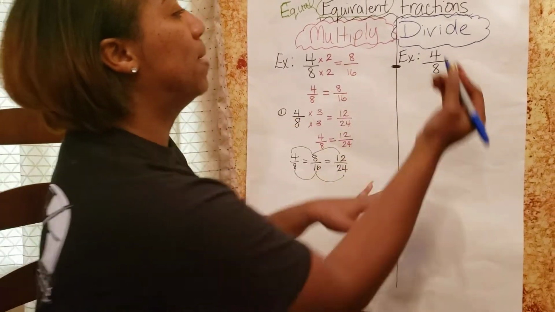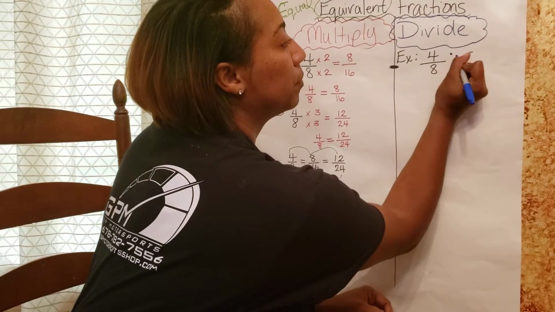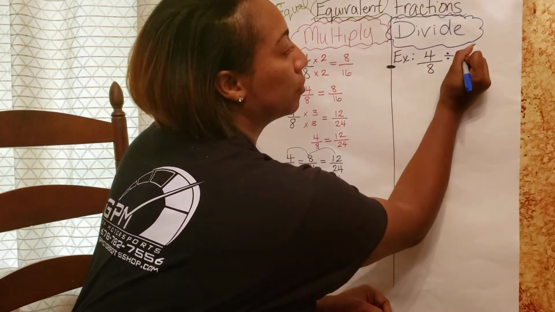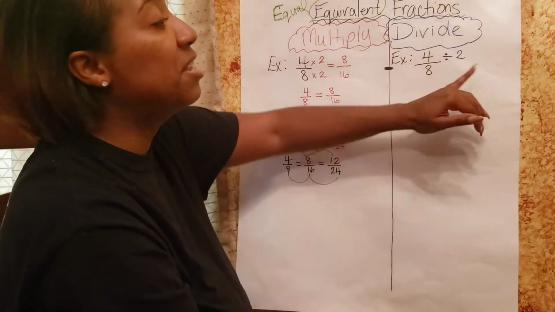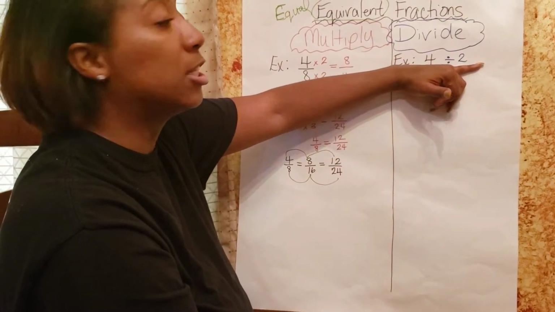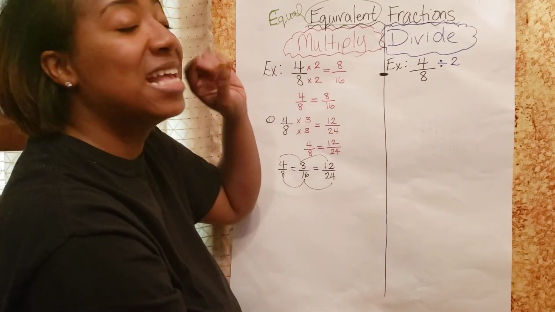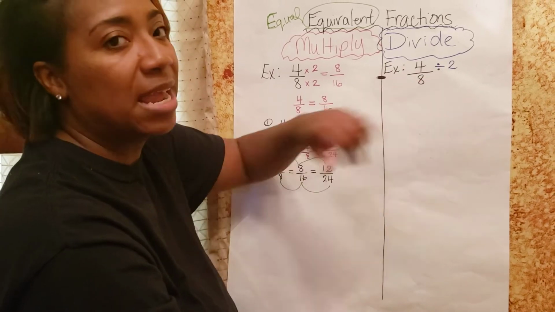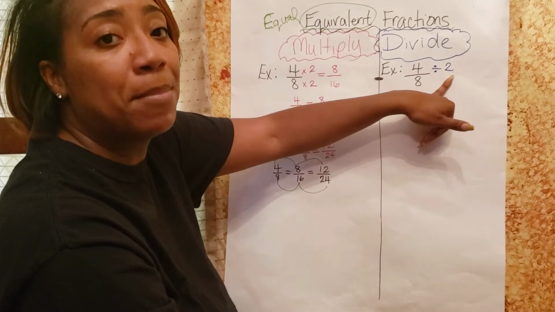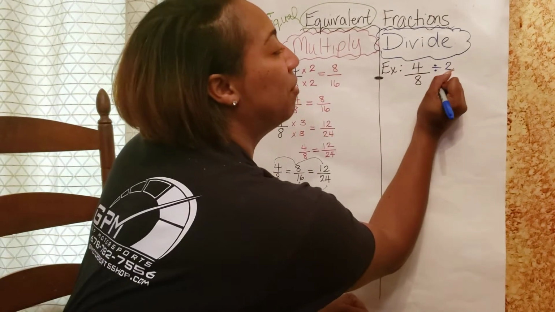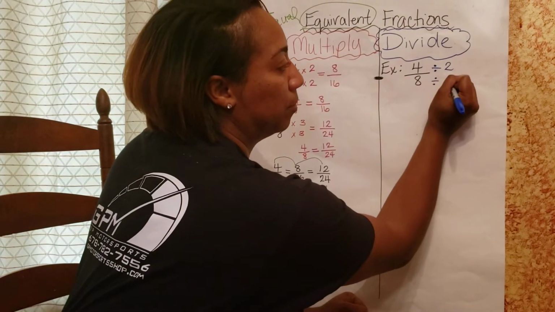We're going to divide it by 2. Remember, just like multiplication, whatever I divide my numerator and denominator by, it has to be the same number. Same thing with division. If I divide my numerator by 2, I have to divide my denominator by 2.